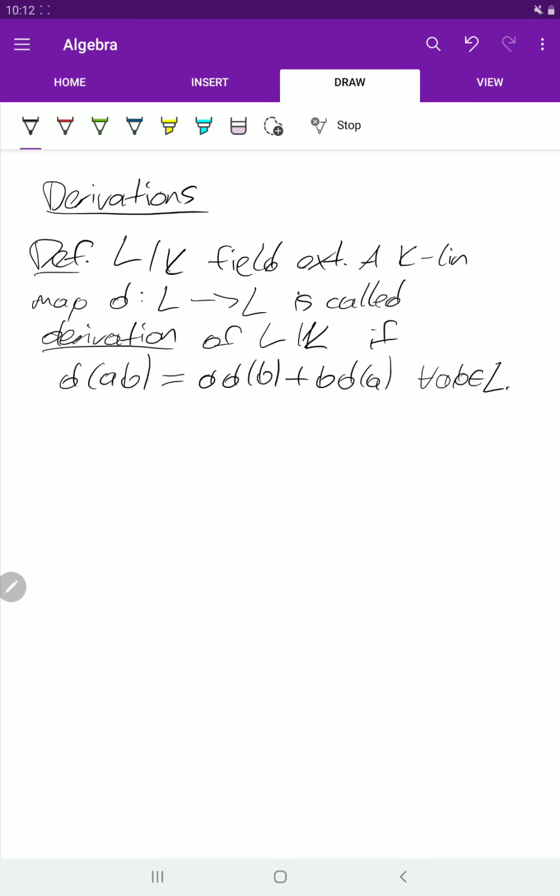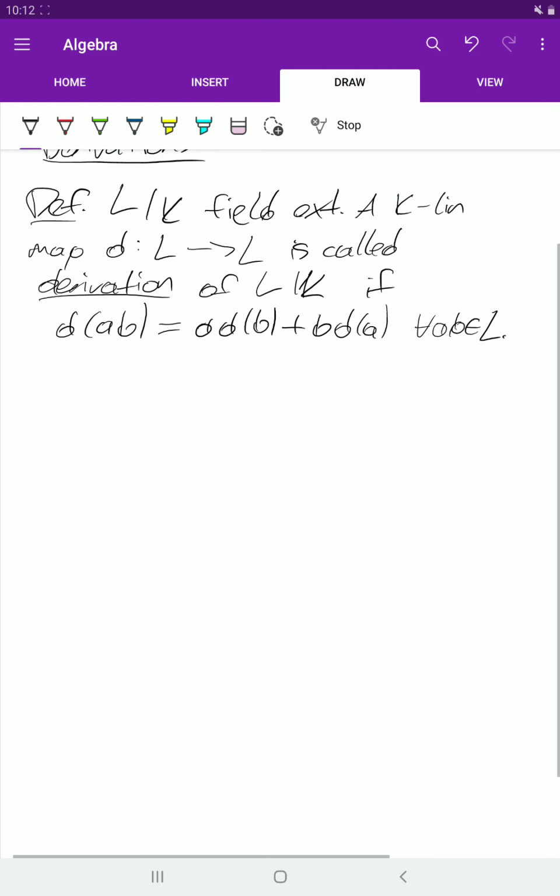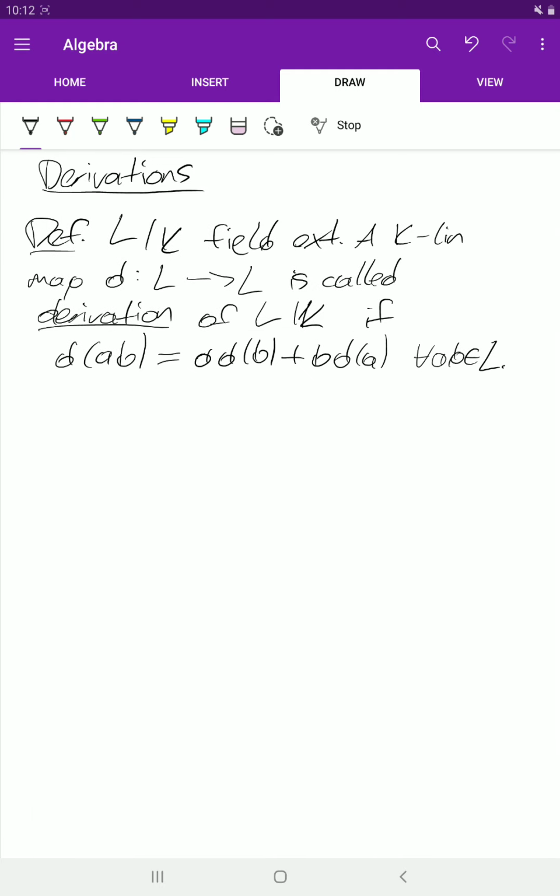Okay, now let's see some properties of derivations. So let's state a lemma.